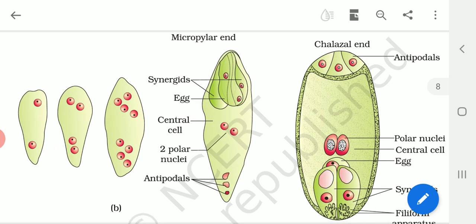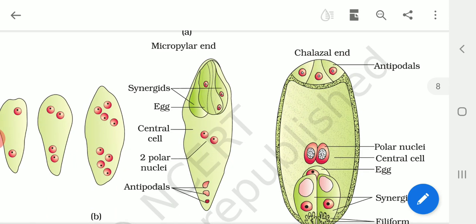An egg apparatus consists of one egg, which is haploid, and two synergids, which are also called helping cells. They help the pollen tube enter the embryo sac.